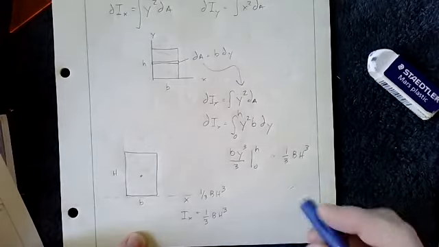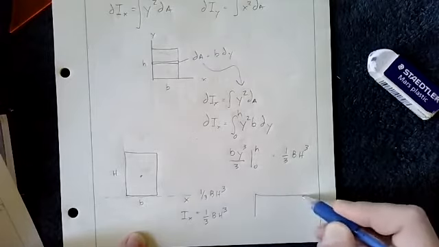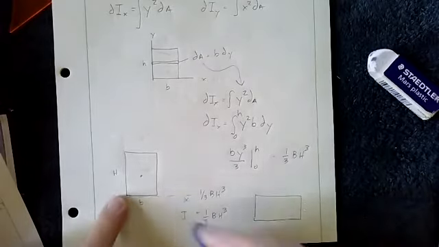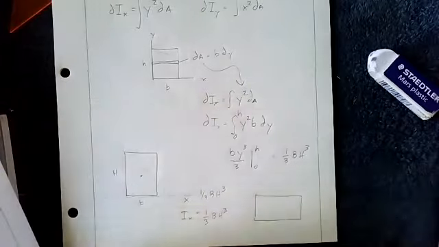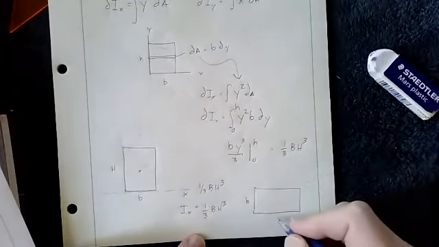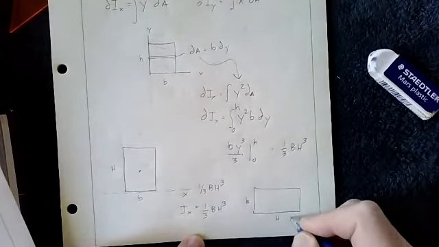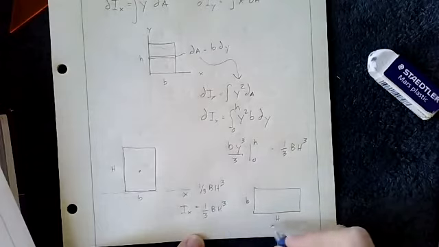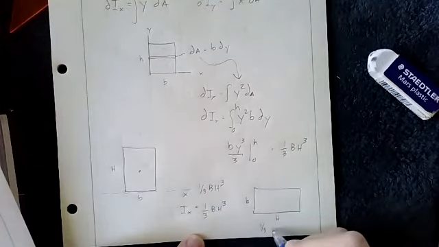Now, if we took this same shape and turned it 90 degrees, then this would suddenly become b, and this would be h by our convention, and this equation would change. It would become 1/3 hb cubed.